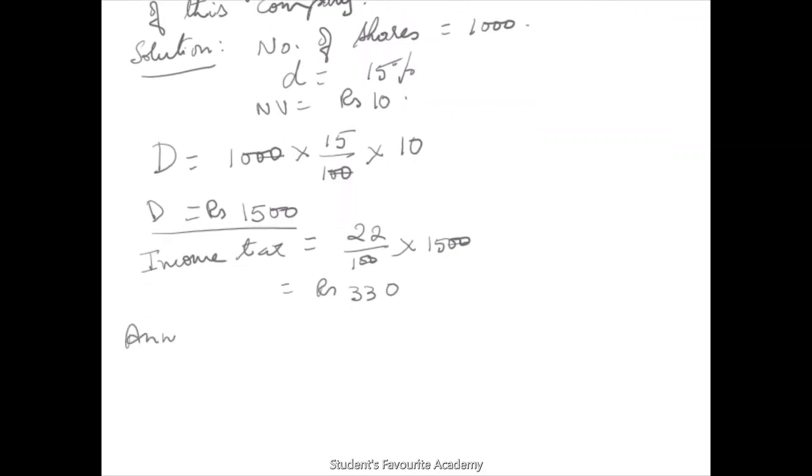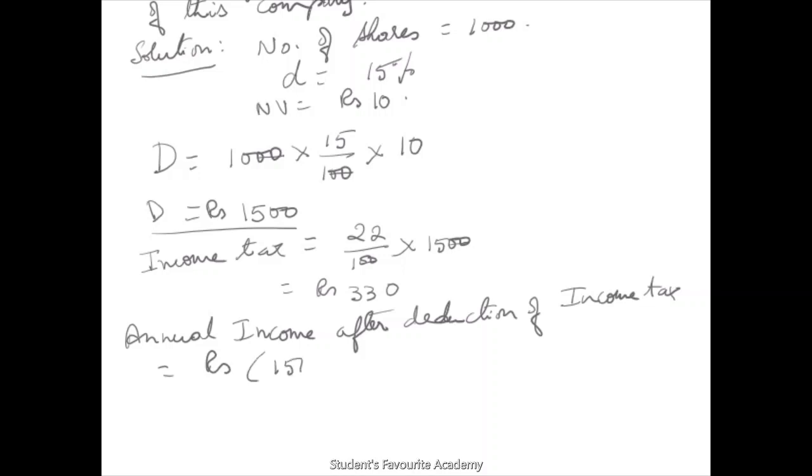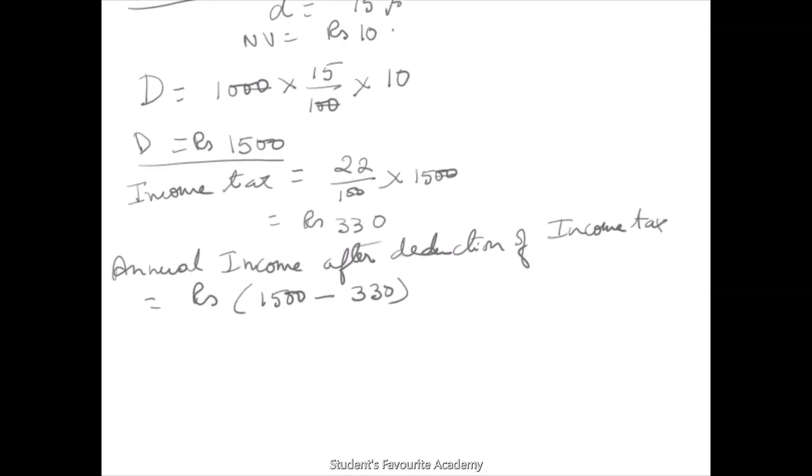So his annual income after deduction of income tax will be rupees 1500 minus 330, right? So that is equal to rupees 1170. So this is the answer.